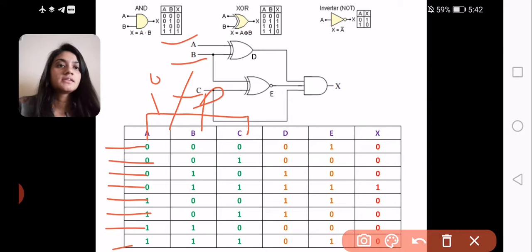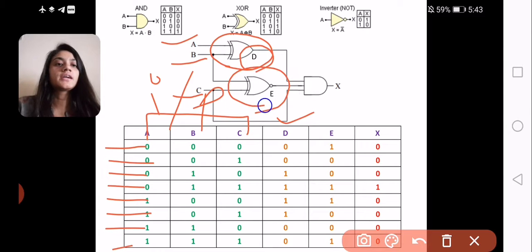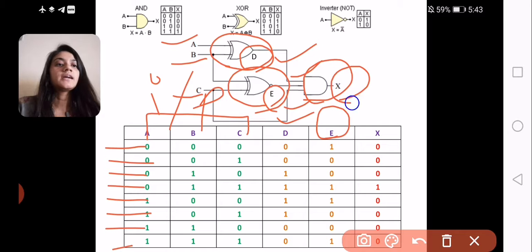Next, the answer of the first XOR gate is denoted by D. Answer of the XNOR gate is denoted by E. It is written here. And the final answer, the AND operation of D, E and C, is taken as X. So our final output will be X.